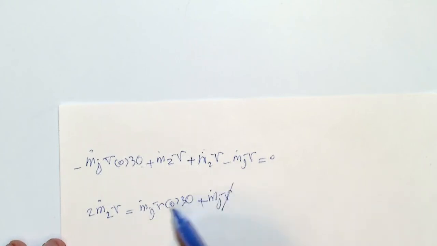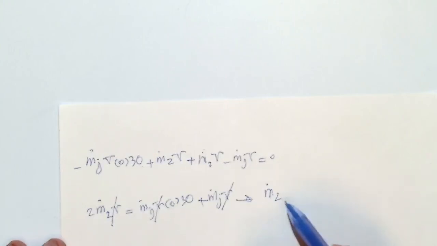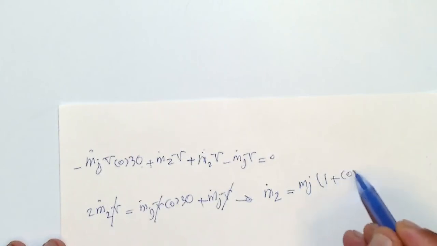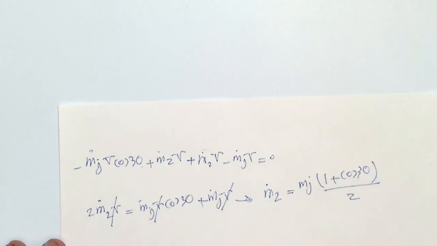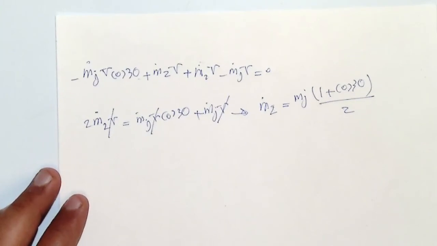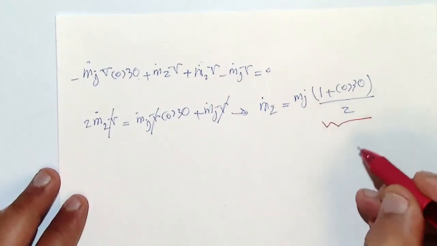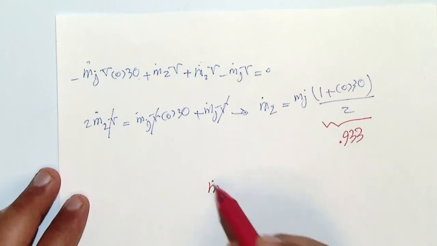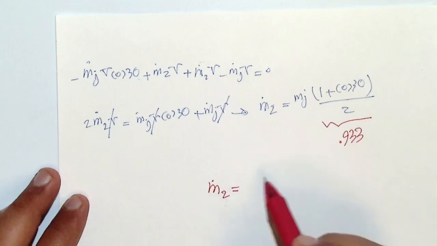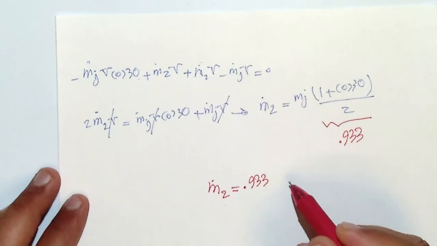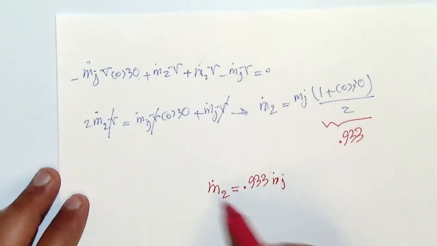And now you can cancel out the V's from each side, then m dot 2 is equal to m dot j times 1 plus cosine of 30 over 2. And by using a calculator, it's going to be 0.933. Then you can say that m dot 2 is 0.933 m dot j.